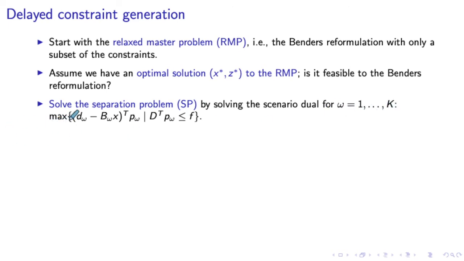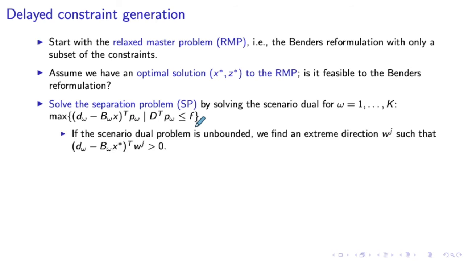It was given by maximizing this objective function subject to the constraint given by this polyhedral set P. As a result of solving this problem, we either obtain unboundedness, in which case we find an extreme direction w_j such that one of the constraints of the Bender's reformulation is violated, and we are going to add the constraint given by less than or equal to 0, and we update the relaxed master problem with this constraint and then proceed to the new iteration of the method.